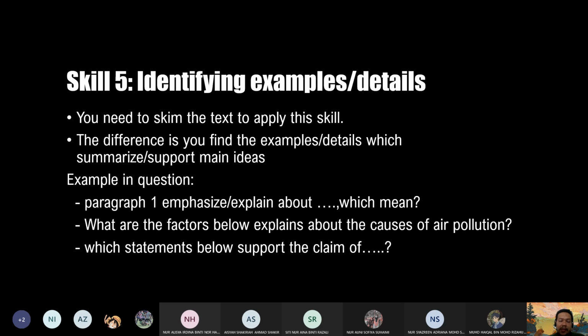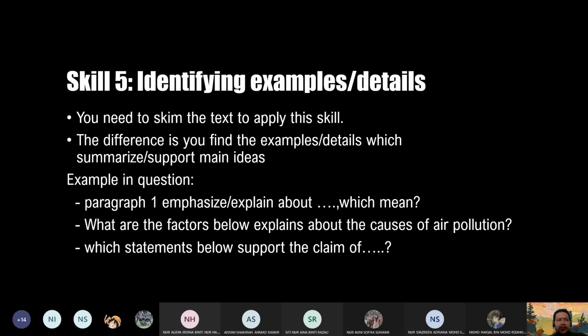Usually they will be given in the same paragraph. And last: which statement below supports the claim of the main idea of the text? You have to find the statement from the text which supports or summarizes the main idea.